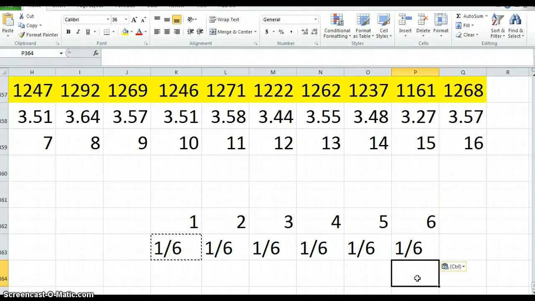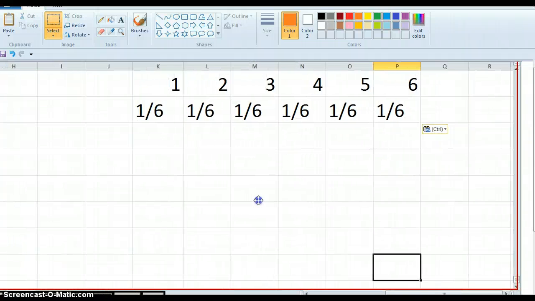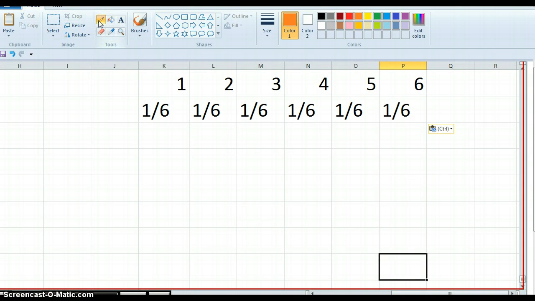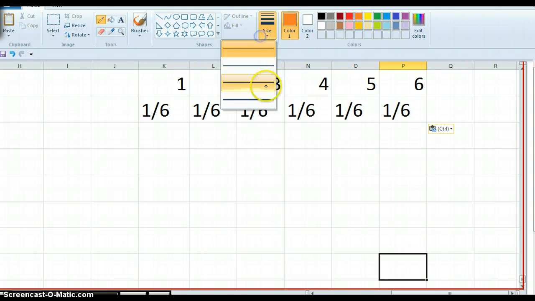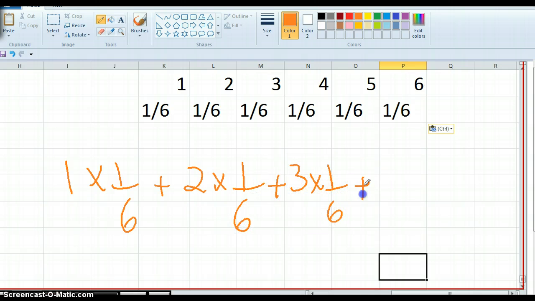Okay, so how do we find the expected value? Here's the thing. We can go 1 times 1/6, plus 2 times the probability of getting a 2, plus 3 times the probability of getting a 3, plus 4 times the probability of getting a 4, plus 5 times the probability of getting a 5, plus 6 times the probability of getting a 6.